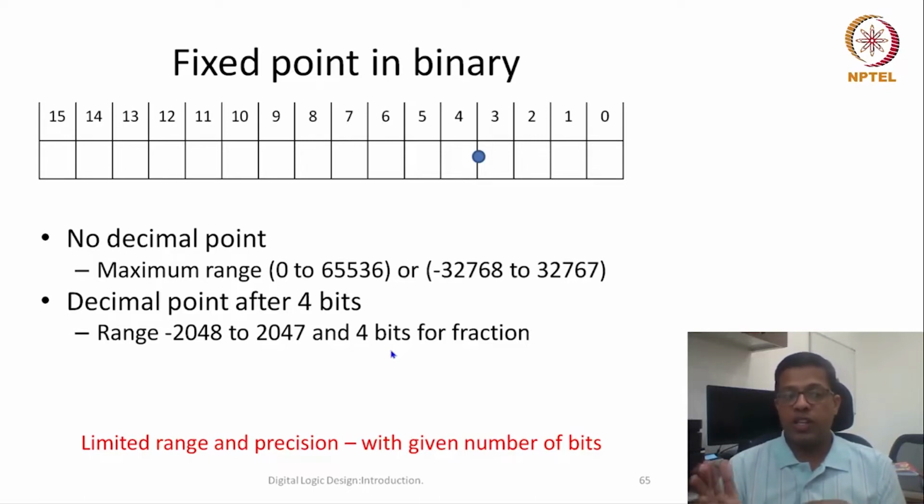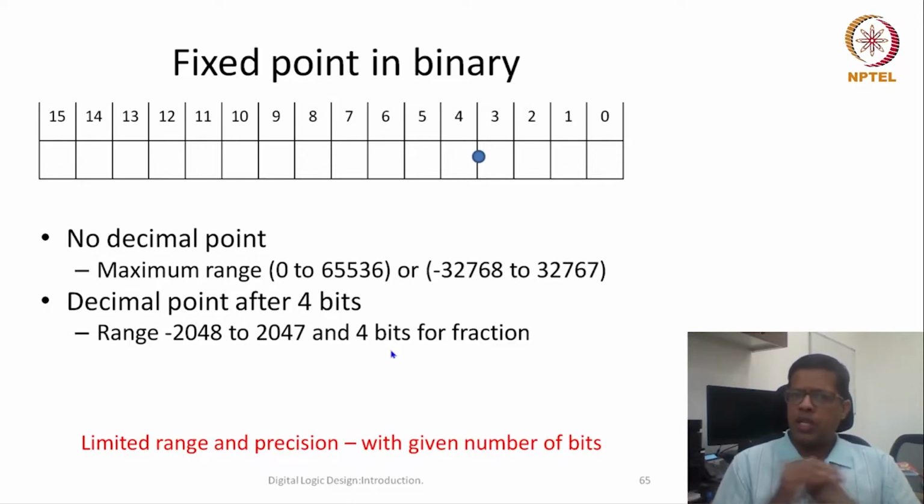Whatever the fractional part is, we divide it into 16 parts and see which part we would like to take. So that means the precision of this number is very low. If I convert it into a decimal number, effectively there is only one digit after the decimal point, which is too little.